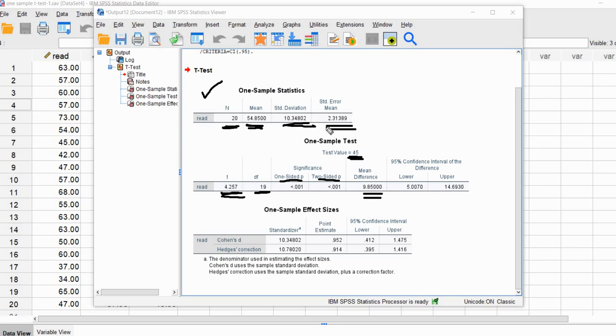Now we're pitting that non-directional hypothesis against a null hypothesis, where the null hypothesis is that there's no difference between the population from which our sample is drawn in terms of the mean of that population and a hypothetical population where the mean is 45.